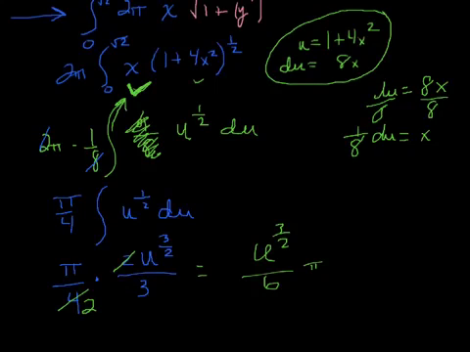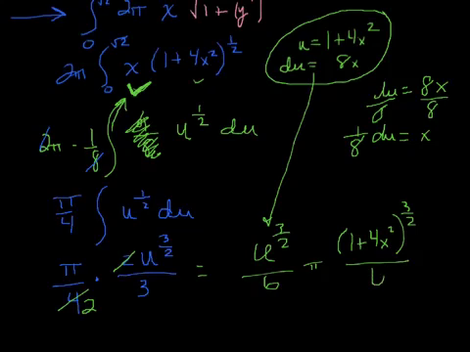So I'm done, really, but before I plug in my numbers, now remember I had boundaries? I had between square root of 2 and 0, so I have to get rid of the u now. It's time to put that back in. So u was equal to 1 plus 4x squared, to the 3/2 power. All that's over 6, and then I have times my little pi.